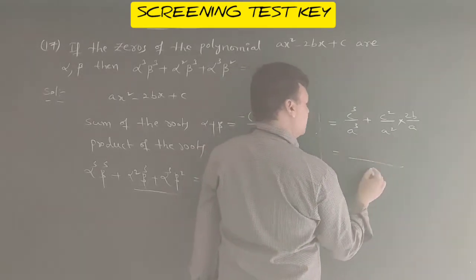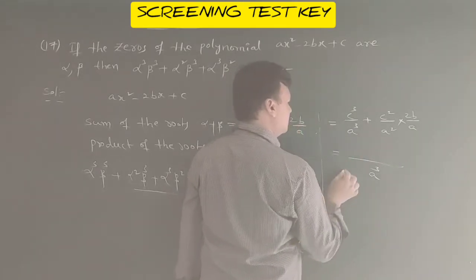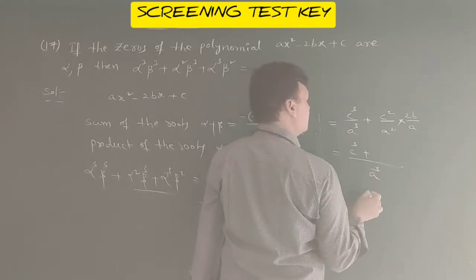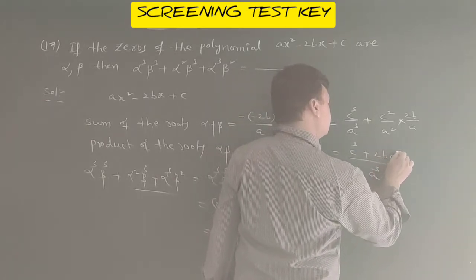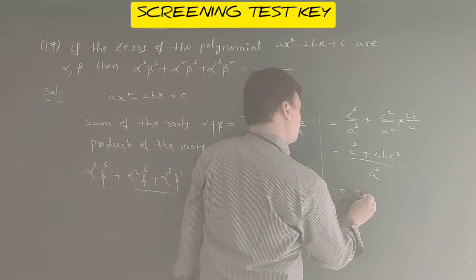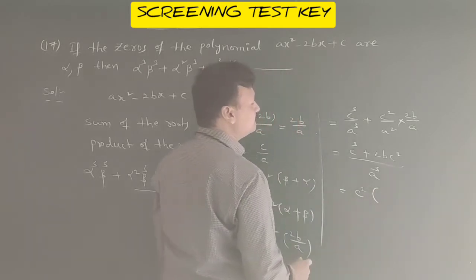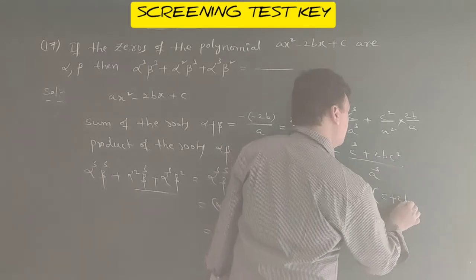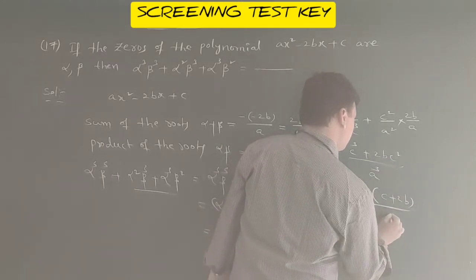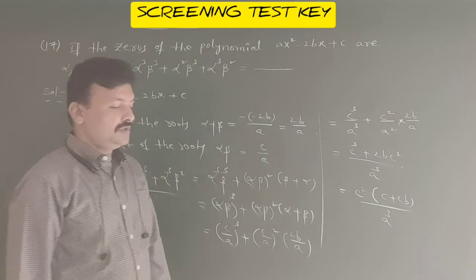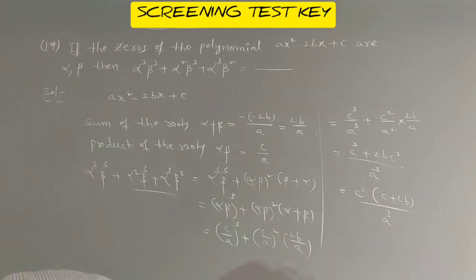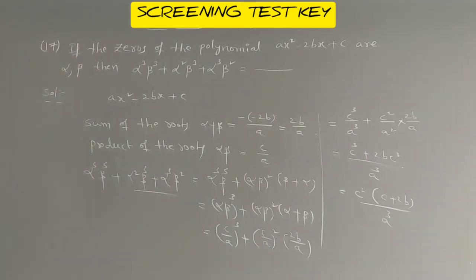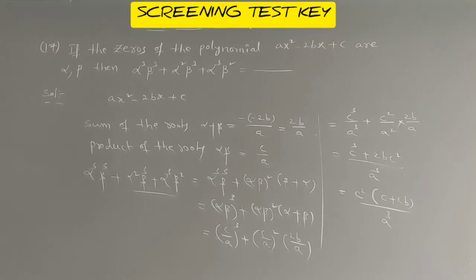Now the LCM is a cube, c cube plus 2b c square. If you take c square common, here c plus 2b by a cube. That is the required answer. Okay, c square into c plus 2b by a cube.